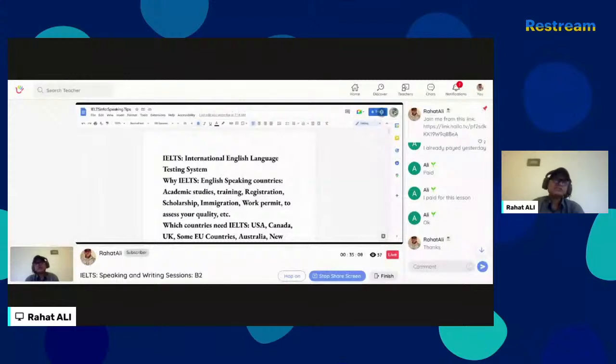The exam has a band score from 1 to 9, where 1 is the lowest and 9 is the highest banding. There is no pass or fail mark, guys. Some people might think, is there a pass mark, a fail mark? No, there is no pass or fail mark.